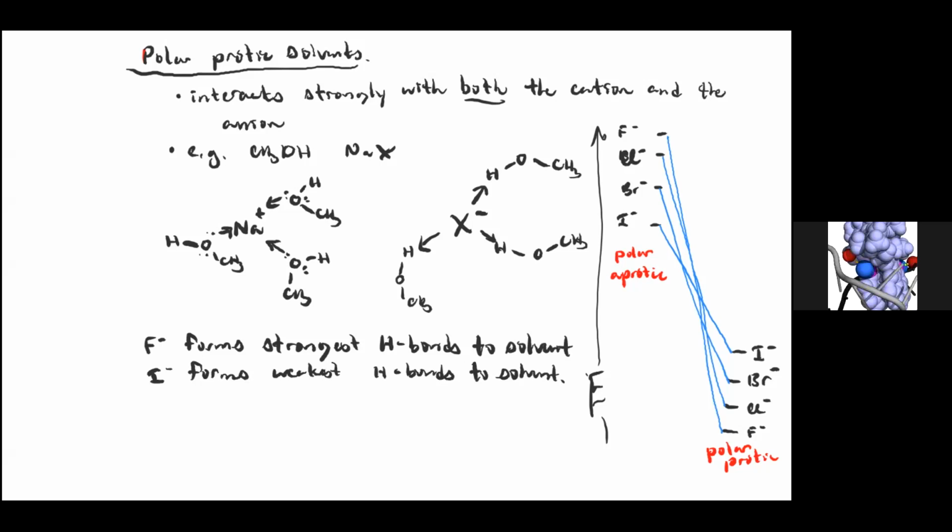And so if you consider the system, the substrate and the nucleophile, when you put that in a polar protic solvent, you're dragging the entire energy of that system for fluoride down very far because the fluoride is much more stable. The fluoride is going to be surrounded by all of these hydrogen bonds. In order to attack the substrate, I need to break up that hydrogen bonding, and so you have this large enthalpic penalty associated with it.